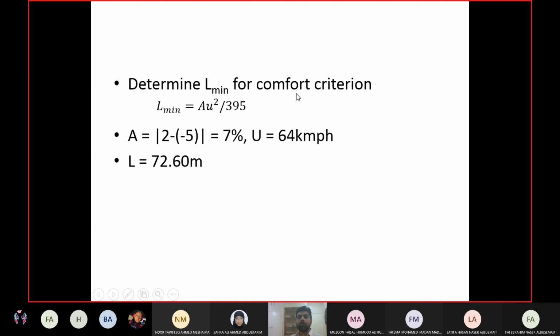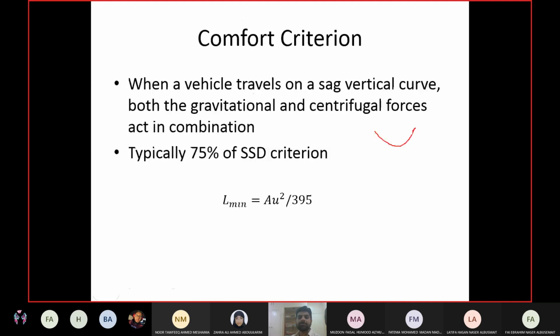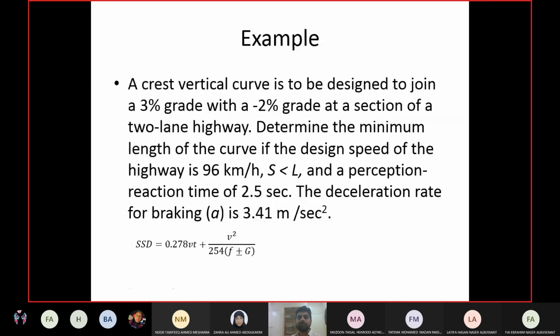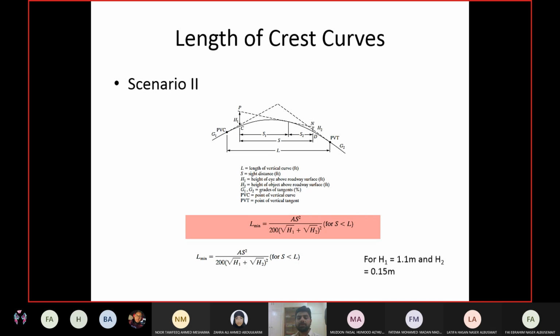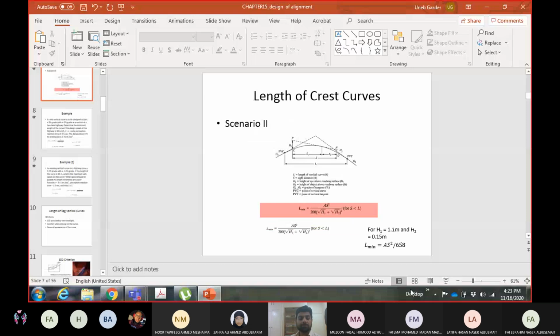Now if you go back to the equation of the crest curve, L equals AS square upon 658. I want to change this equation in terms of K. Instead of calculating L from this equation, I want to calculate K. So how would I do it?